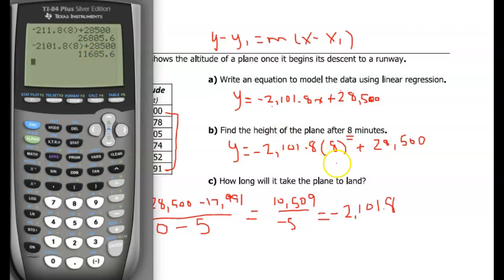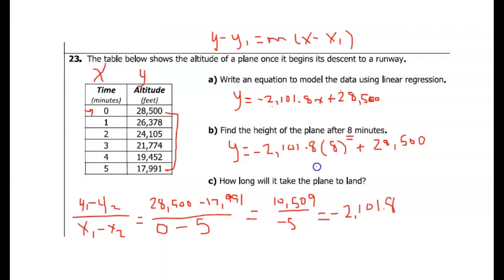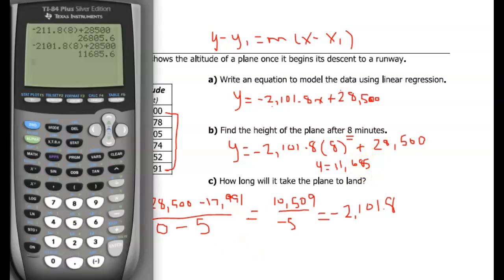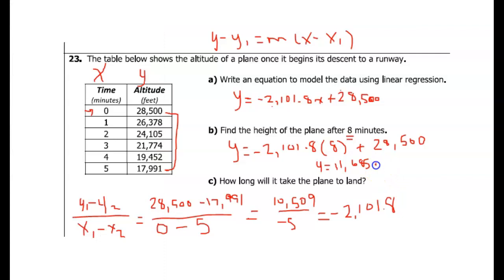Approximately at 8 minutes, it's at 11,685.6 feet. And that makes sense. It should be going down. It should be less because our plane is descending down.